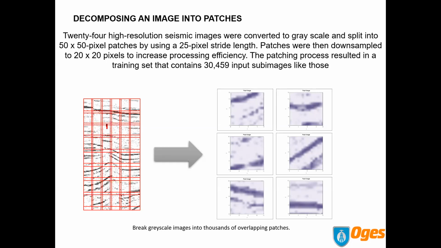The number of patches depends obviously on how high a resolution your input data is, because high resolution data is absolutely key to becoming more proficient at using these techniques to identify some of the important structural stratigraphic traps that you'll see as you output from the convolutional neural net.